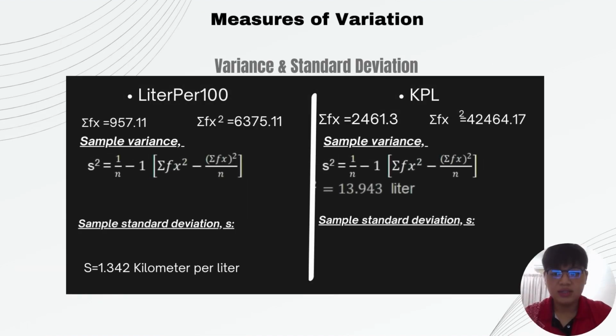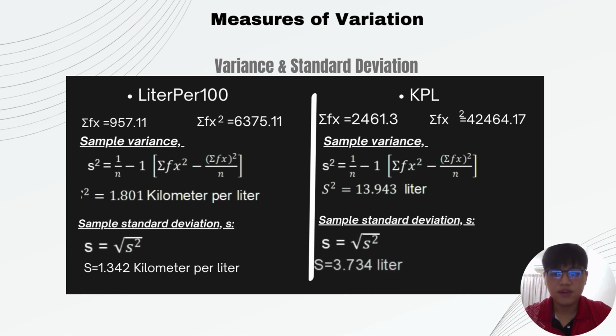Now I will present the second and third parts in measures of variation, that is variance and standard deviation. For variance and standard deviation, we must calculate the fs and fs squared of each variable. After we calculate manually, the fs of the variable liter per 100 is 957.11, and the fs squared is 6375.11.